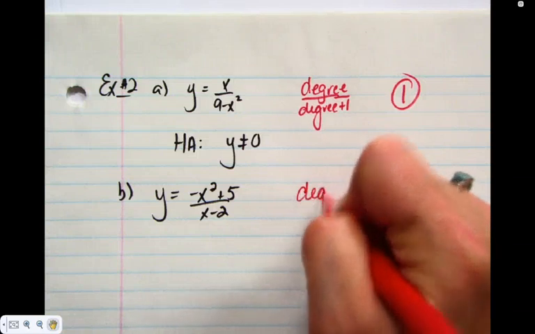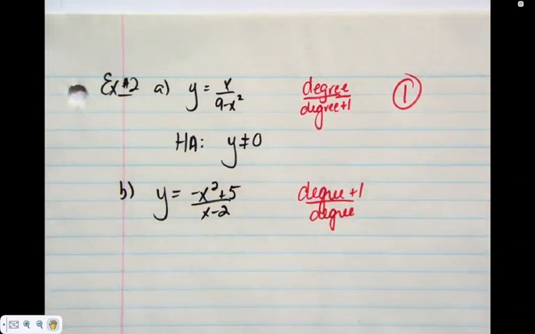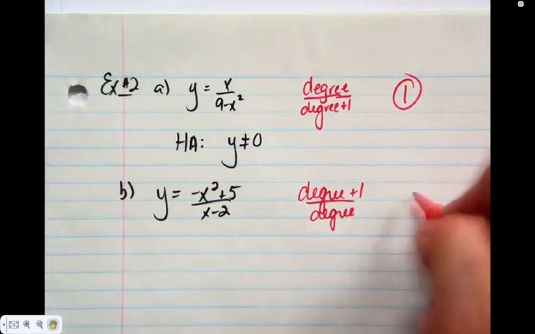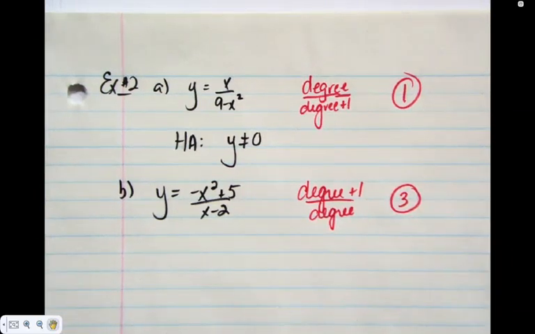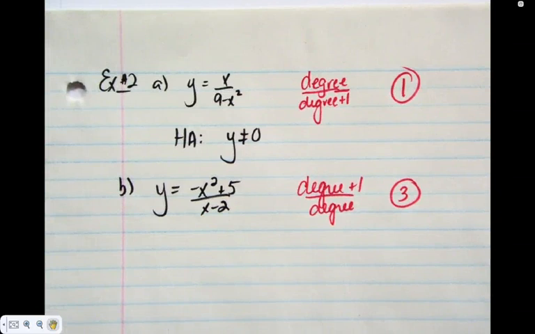So I call that degree plus 1 over degree. And is that case 1, case 2, or case 3? So that tells us we don't have a horizontal asymptote. What do we have? An oblique asymptote. Oblique just means slanted.